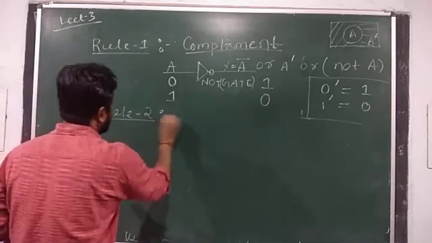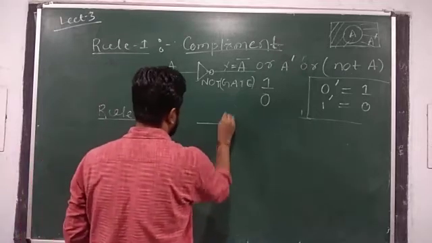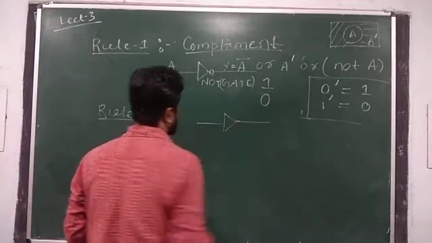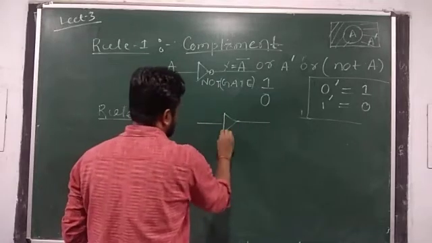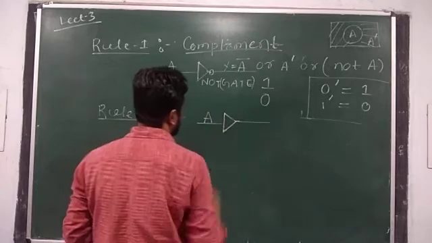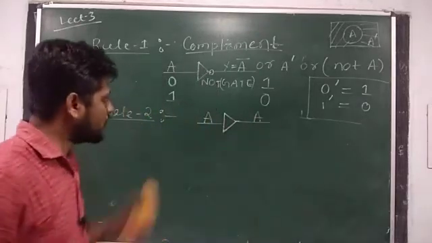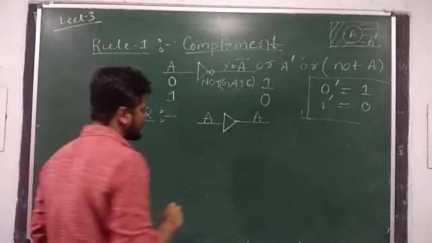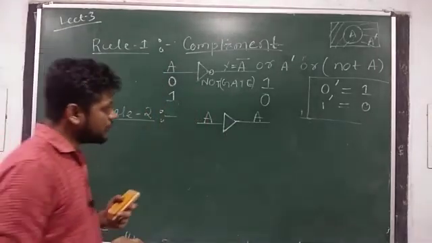Rule number 2 is the buffer gate. The symbol for this buffer gate is just a triangle-like structure. Here if I apply input A, the output will be A. The purpose of this buffer gate in digital electronics is that it will produce output after some delay.